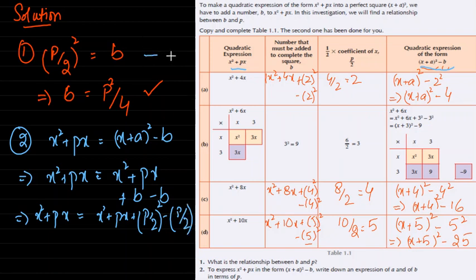How do I know this? From equation 1, right? From equation 1 I substituted the value of b by p divided by 2 whole square, right? So what does it become? It becomes x plus p divided by 2 whole square, right, minus p divided by 2 whole square.